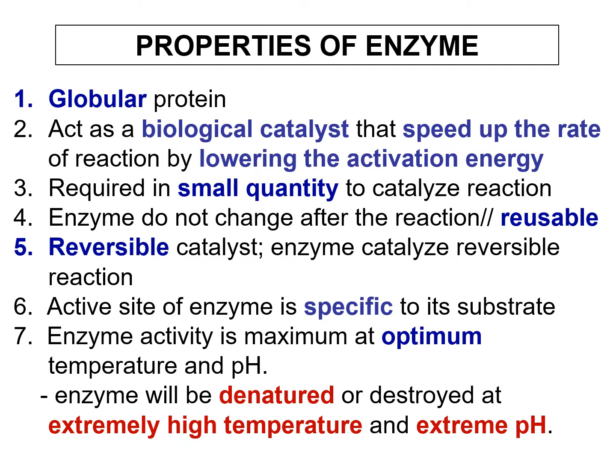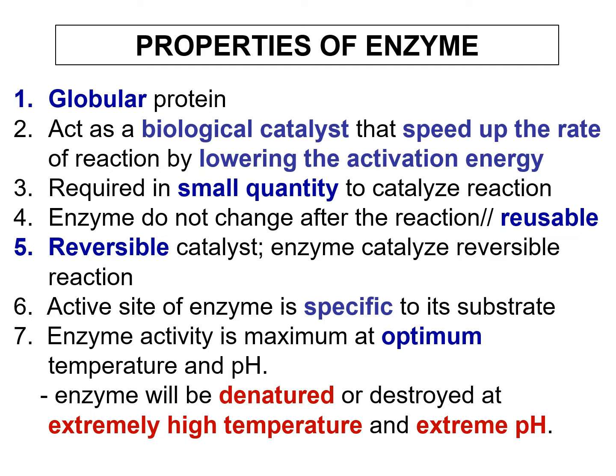Enzymes do not change after the reaction, meaning that enzyme is reusable. Enzyme is a reversible catalyst, so it catalyzes a reversible reaction. The active site of enzyme is specific to its substrate.